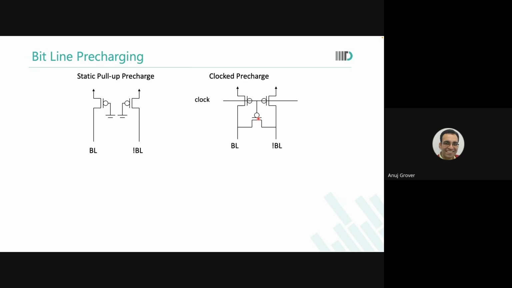But with the equalizer there, this equalizer is also a transistor which got turned on along with the precharge. It sees a VDD voltage on this side of the bit line on its drain or source, whichever way you want to put it, and almost ground or a very low voltage on this side. So there will be some flow of charge from here also. So the effective flow of charge to charge up this bit line is more.